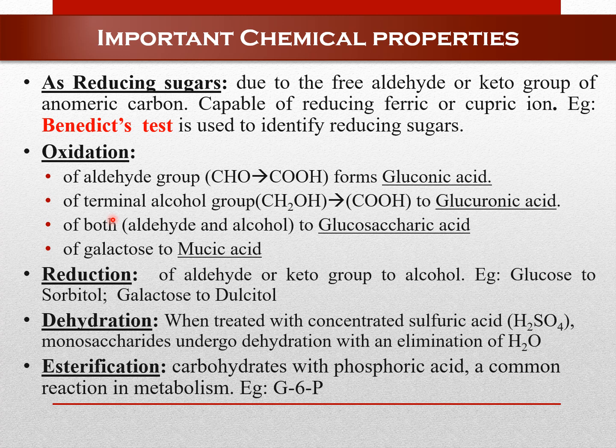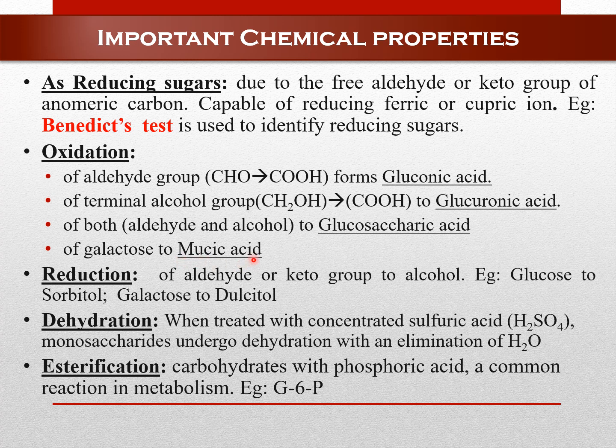And then terminal alcohol group. So at the bottom of the glucose there is CH2OH, and then it becomes COOH. Therefore, it's an acid, glucuronic acid. And then oxidation of both aldehyde and alcohol gives glucosaccharic acid, and also galactose to mucic acid.